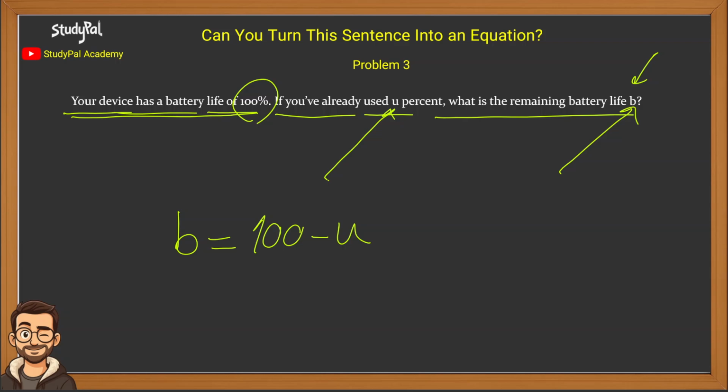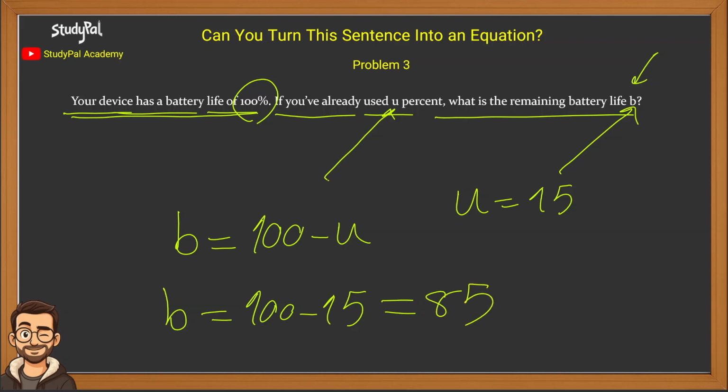So let's say that you used 15% of your battery life. So U is 15. So B is 100 minus 15 and you get 85. So your remaining battery life should be 85%. So this is a model for this problem.